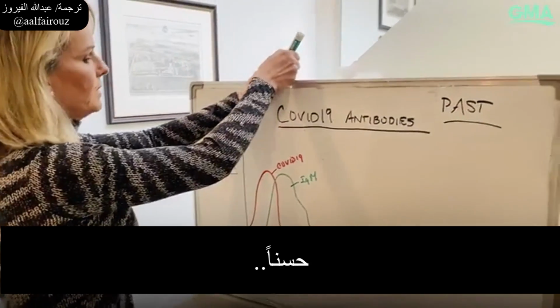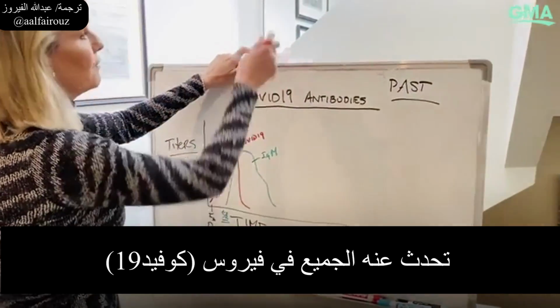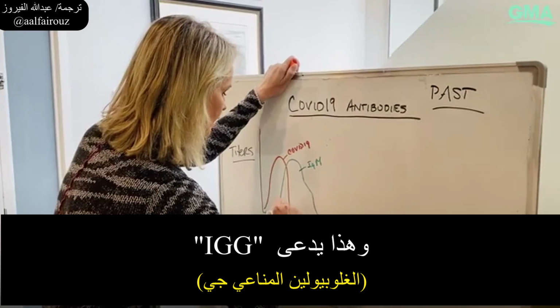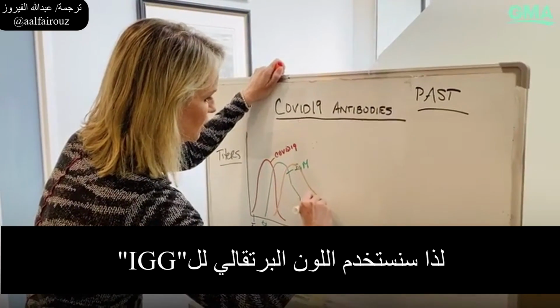okay? The next antibody that appears is the important one that everyone is talking about with COVID-19, and that's called IgG. So we're gonna use orange for IgG.